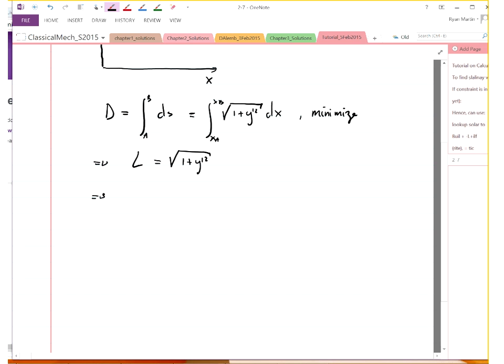The rest now is applying the recipe for solving it. So we notice here that ∂L/∂x is equal to 0, and so we can use y prime times ∂L/∂y prime minus L equals constant.